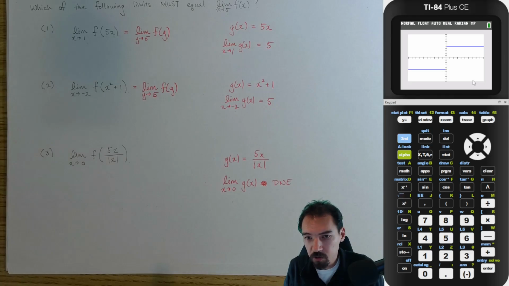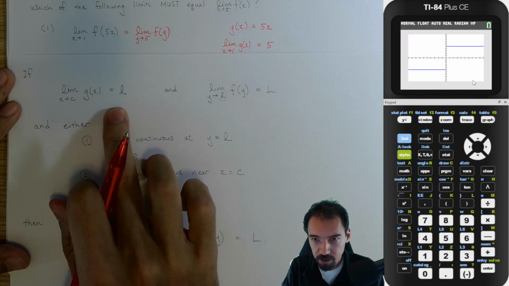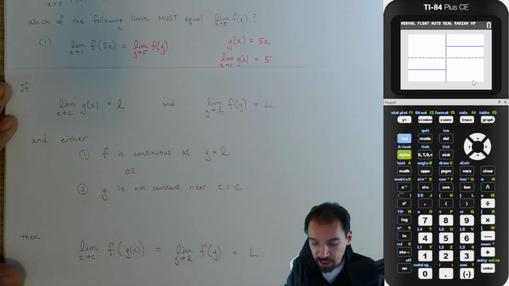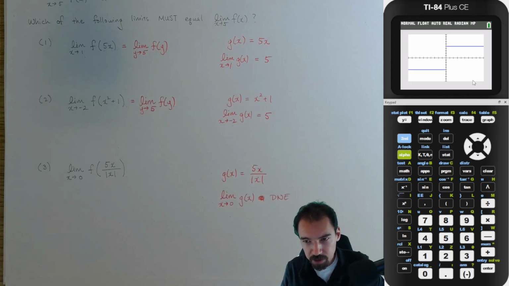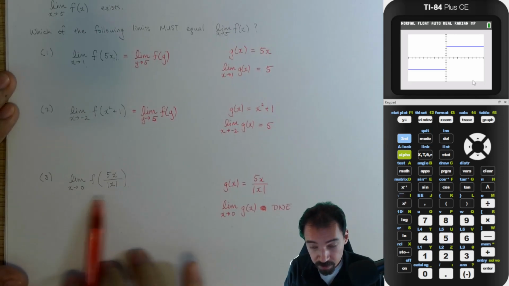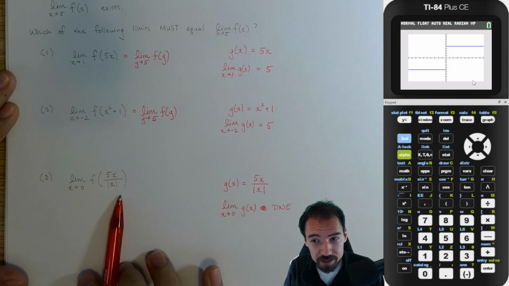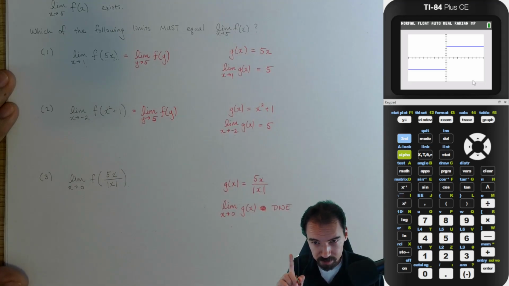Okay, so looking at this, we would say we failed this condition. So we no longer have the guarantee that we can do this. It is possible that by pure accident, or perhaps by design, this might happen to equal this. It is possible, right?